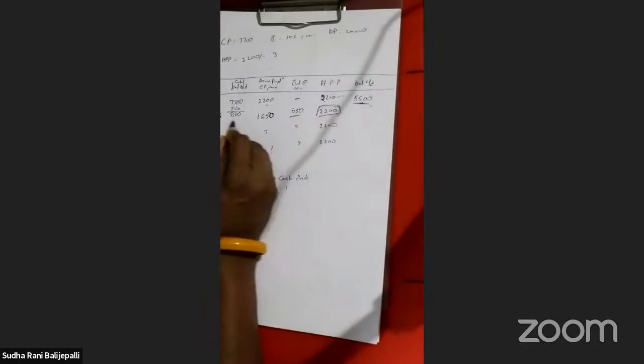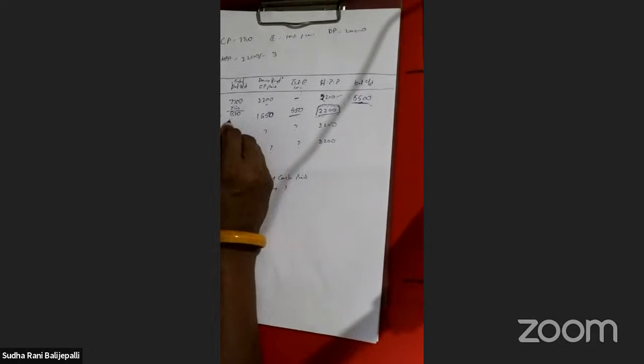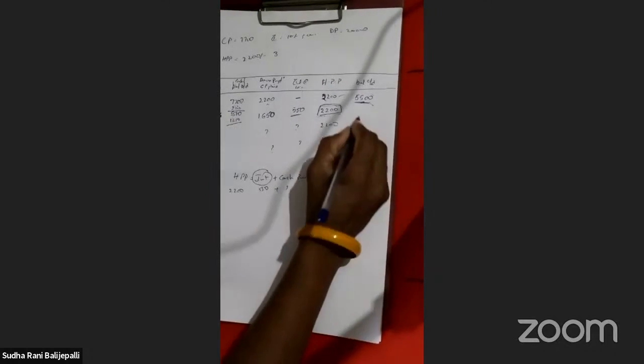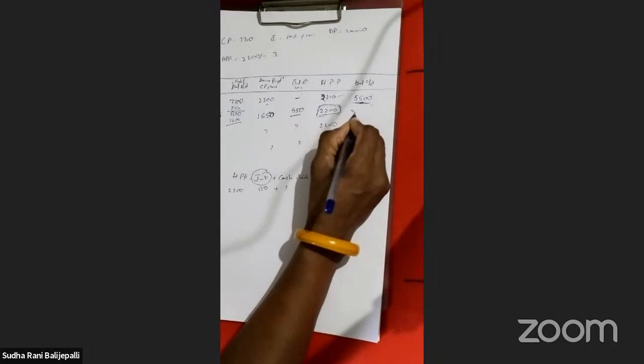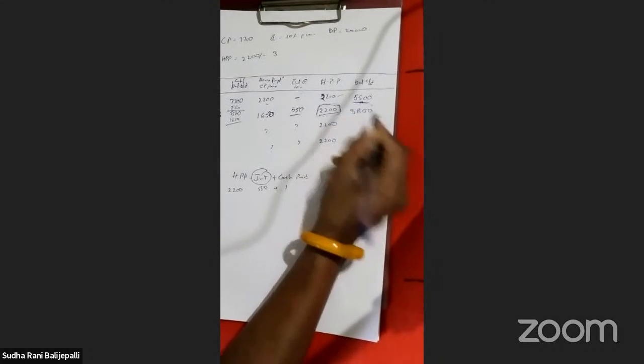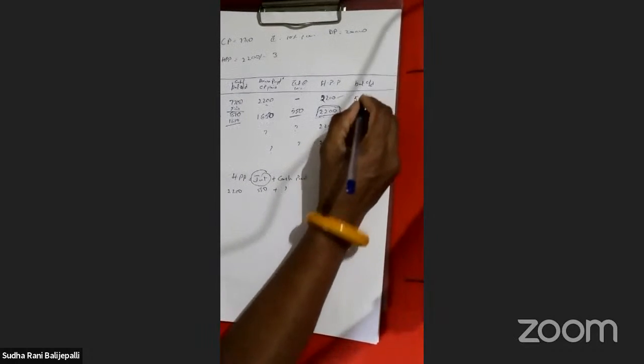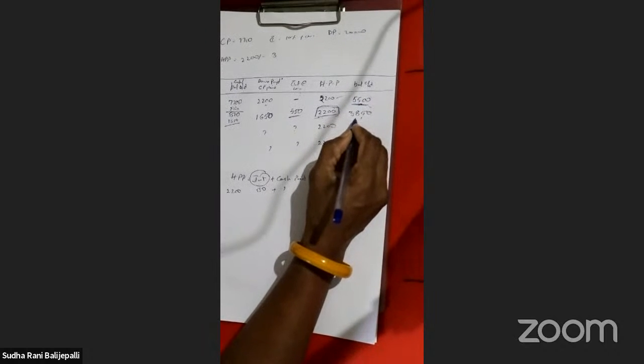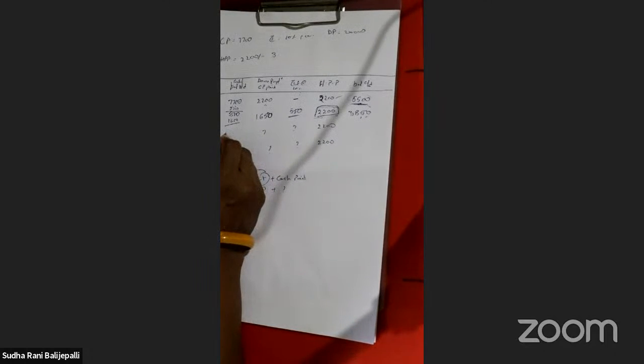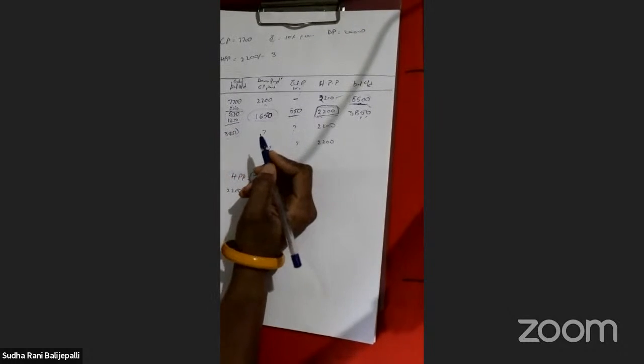Okay, so now from the 5,500 minus 1,650, how much you get? 3,850. Means by the beginning of the next year, this is the amount. So by the second year ending, it is showing 5,500 minus 1,650, 3,850 is the actual amount outstanding, because out of 5,500 we paid 1,650.